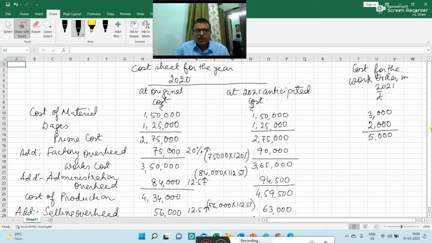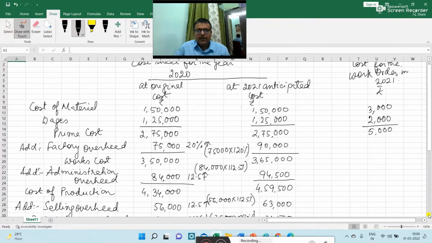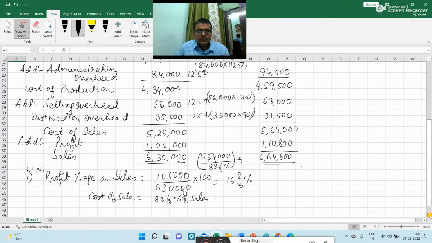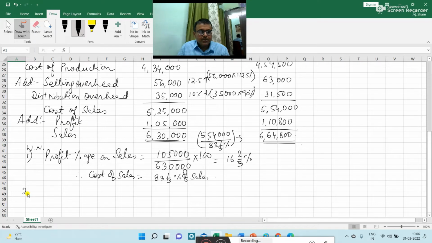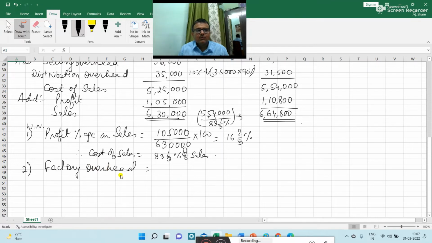So here I am doing the working. Number 2, this is the factory overhead. So what will be the factory overhead for the work order that you have received in 2021? So first we need to calculate the factory overhead rate. That is 90,000 divided by 1,25,000 into 2,000.